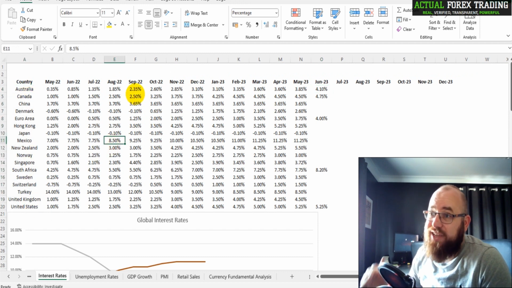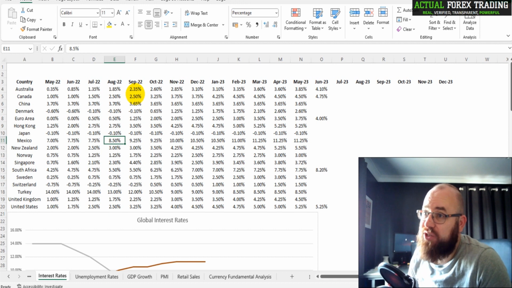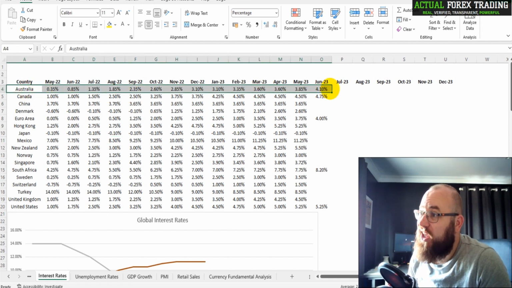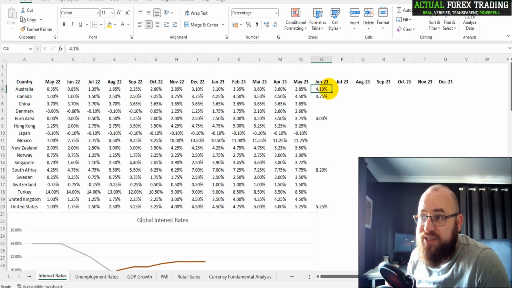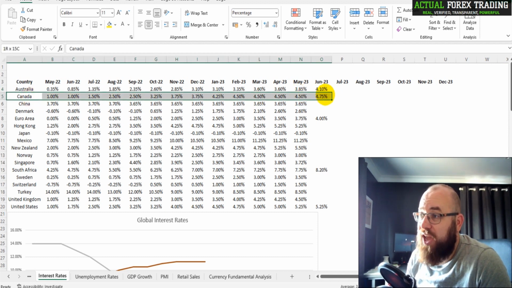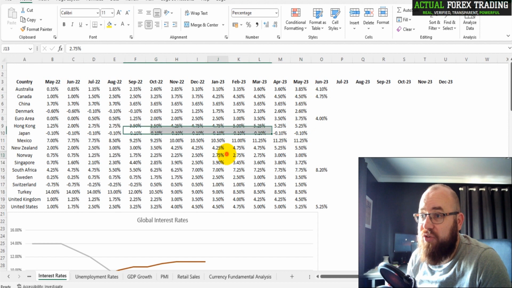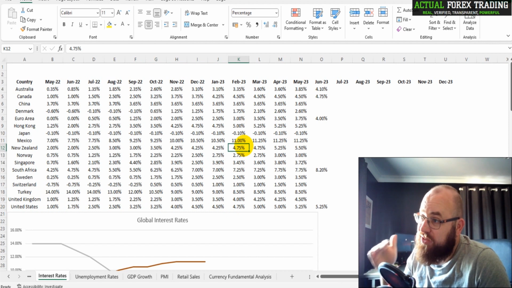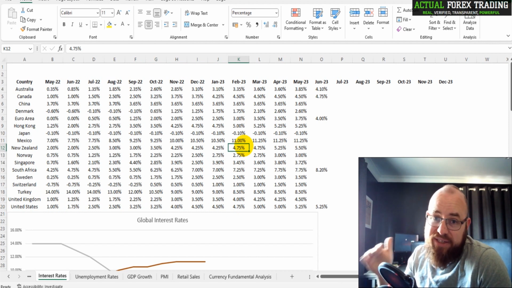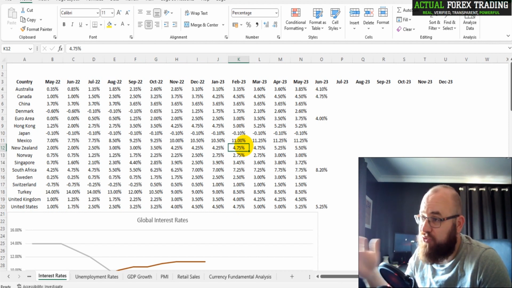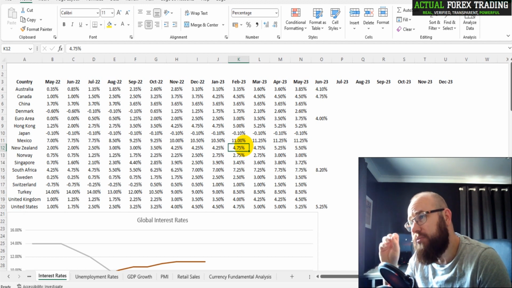The interest rate is announced by the central bank of that country, so the Reserve Bank of Australia usually announce rates once a month. The Bank of Canada does the same, as do the Bank of England and the Federal Reserve for the United States. These central banks decide, set and announce the official rate for that country.